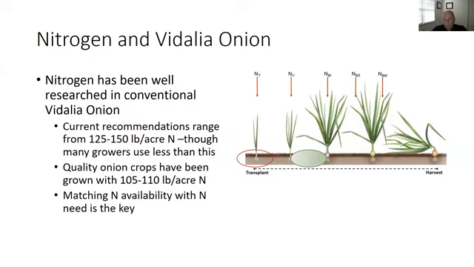Maybe coming in with nitrogen a couple of weeks after planting. I think matching the nitrogen application with the needs of the plant has allowed us to get down to a much lower level of nitrogen than we previously thought.